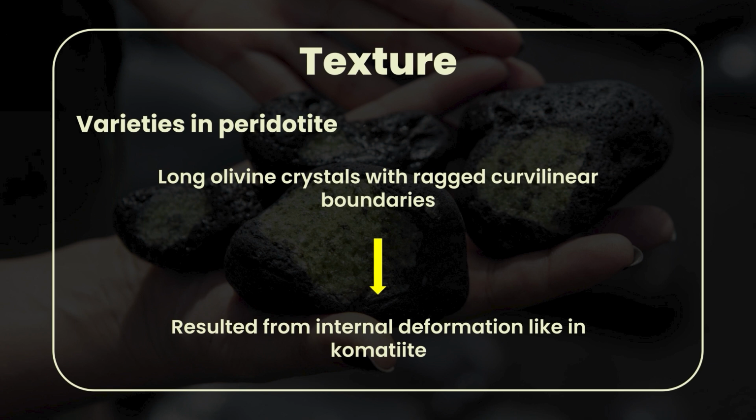Because when the magma which contains olivine, that is komatiite, having very low viscosity, flows as it extrudes onto the surface, it elongates during the flow of magma. Olivine crystals get elongated and that forms long olivine crystals. They can also get rugged curvilinear boundaries because as the magma flows, obviously we can't expect it to be flowing in a straight line.